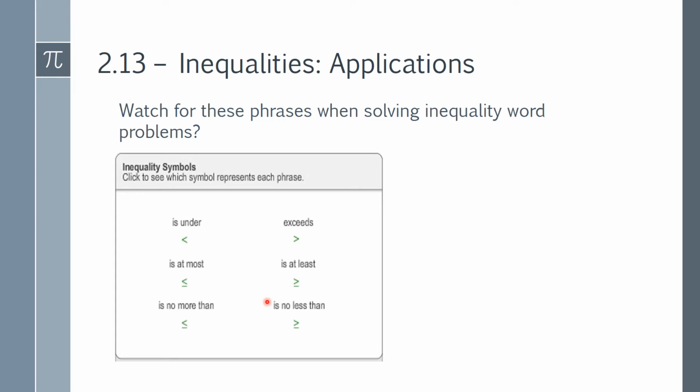Those are your 3 things. It's saying is not less than, so you still have those 2 other options. It could be greater than, and it can be equal to. So if you see is not less than, that means greater than or equal to, because really you have 3 options. So hopefully take a screenshot of that and remember those. Those are the phrases and what symbol they go to.